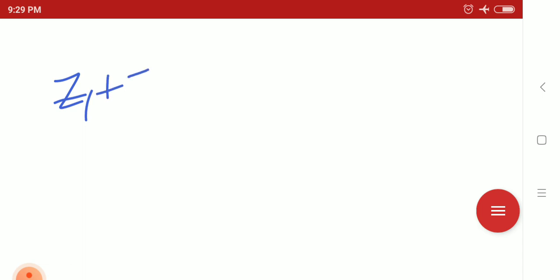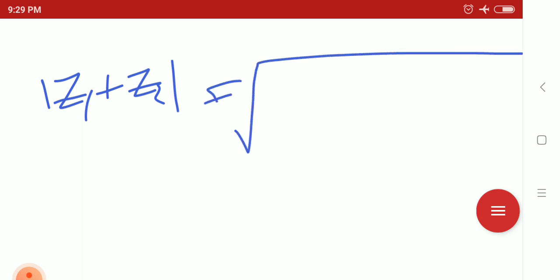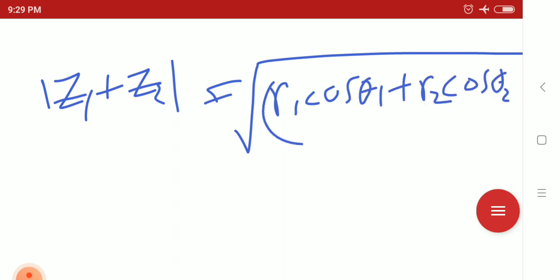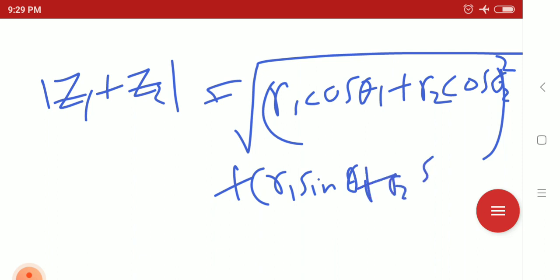Sorry, here it will be |z1 + z2| will be the root over the real part squared, (r1 cos θ1 + r2 cos θ2)² plus (r1 sin θ1 + r2 sin θ2)².